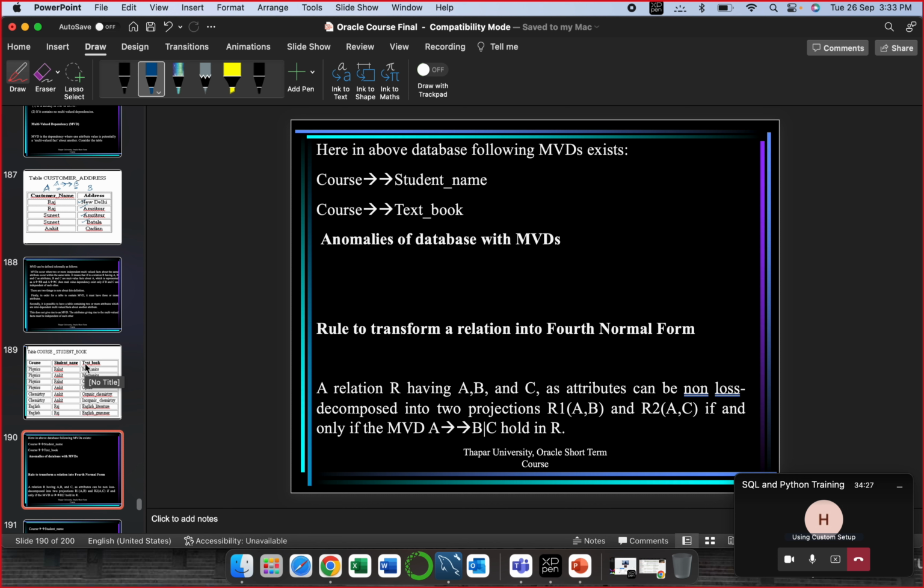There are different topics in physics. You have different subjects in computer science. For the computer science course, you will have software engineering, SQL, Python, C, C++. So there are different textbooks for every course and many students studying the same course.